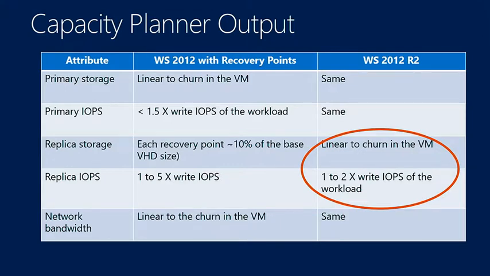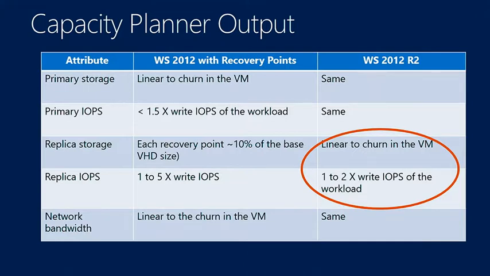So let's dig into the storage and some of the changes in R2. Here I've called out 2012 with recovery points versus 2012 R2. Something to understand is I showed you the recovery points feature of Hyper-V Replica. That feature has a definite impact on the storage on the Replica server.